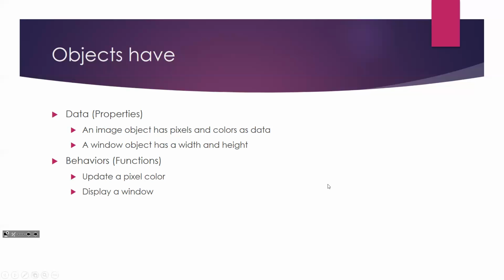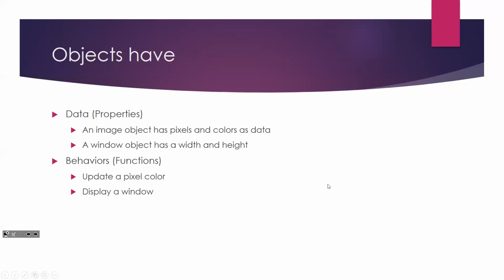Now, both of these objects also have behaviors or functions that they can perform. So for our image, one behavior might let us update the color in a pixel so that we can change it. That would be a behavior or a function. Now, our window itself, we might be able to display it or close it.